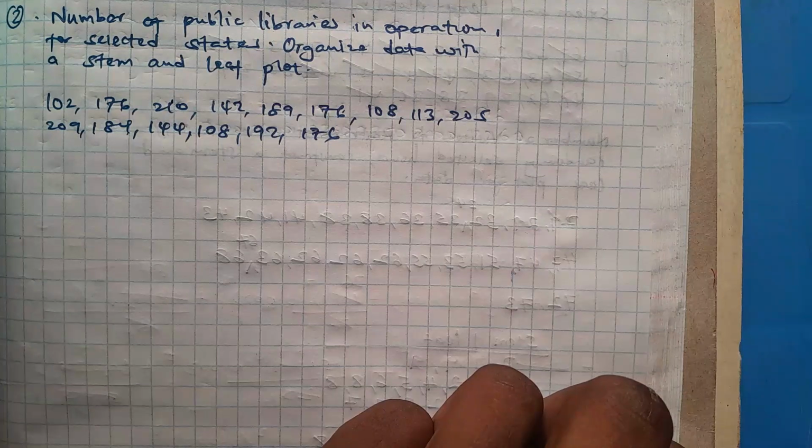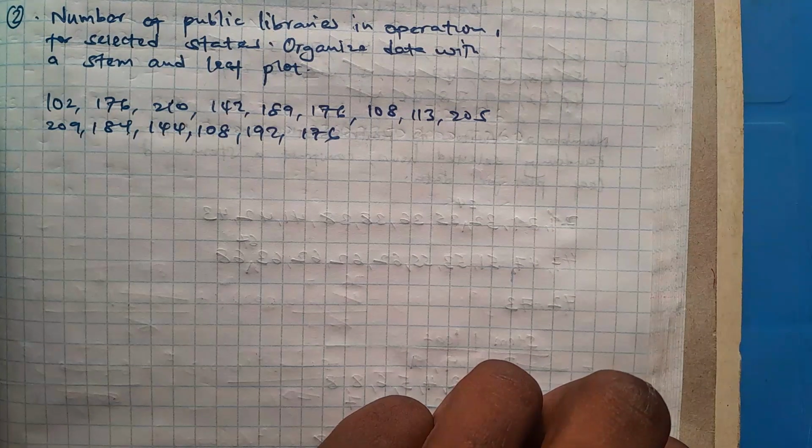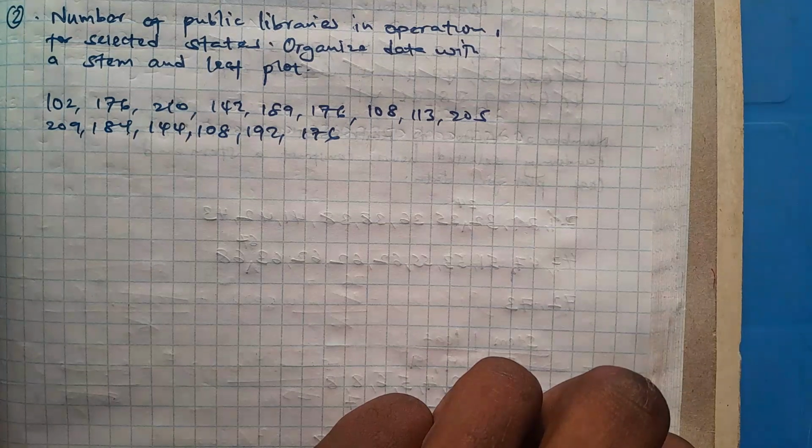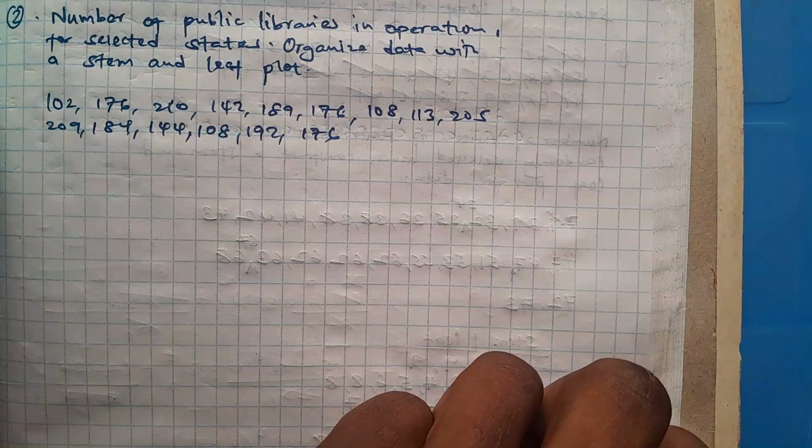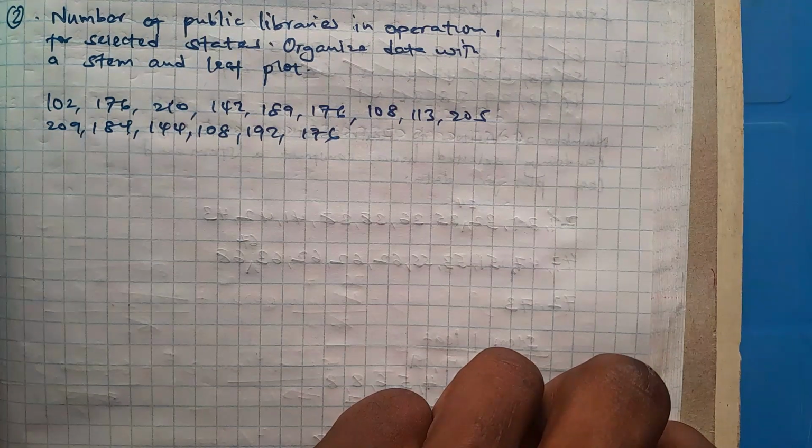Let's proceed to the second example and construct another stem and leaf plot. Now we said if you have a set of variables and you want to construct a stem and leaf plot, the easiest thing to do is to first have them arranged from the smallest to the biggest.